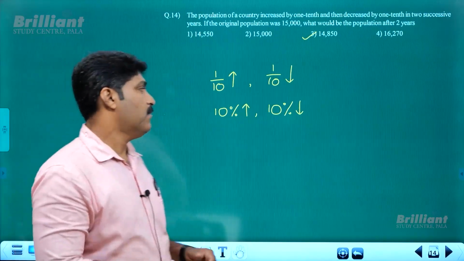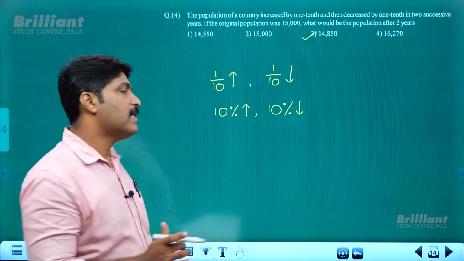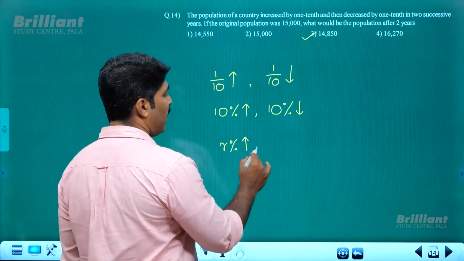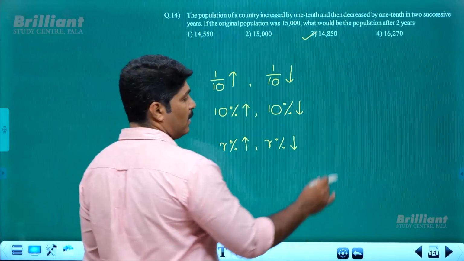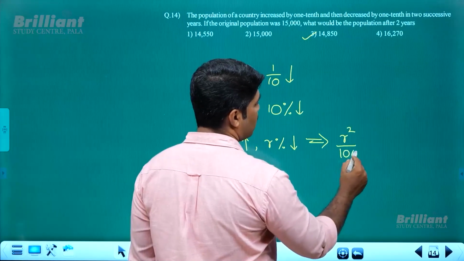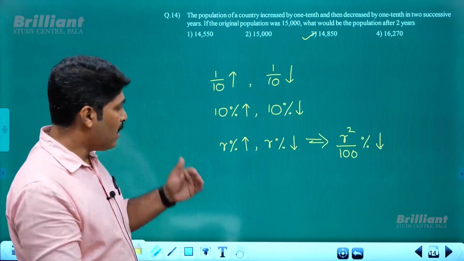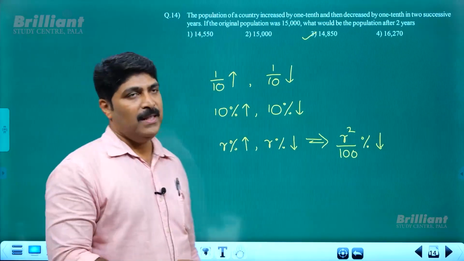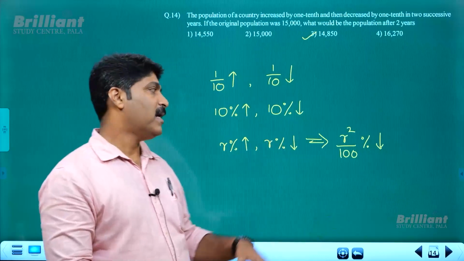In general, if a quantity is increased by R%, then successively decreased by R%, the net percentage of variation is always an R square by 100% decrease.